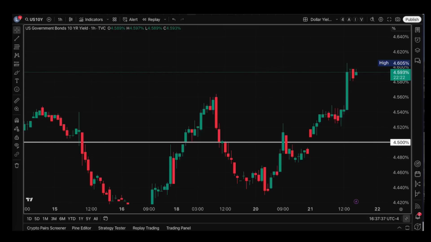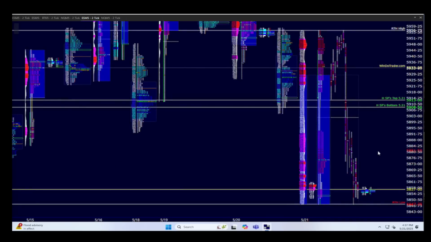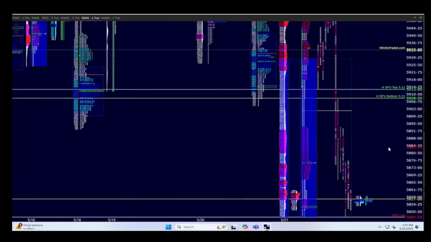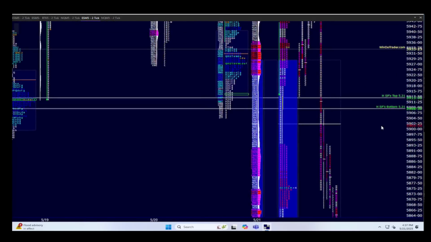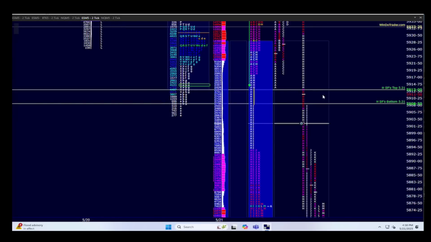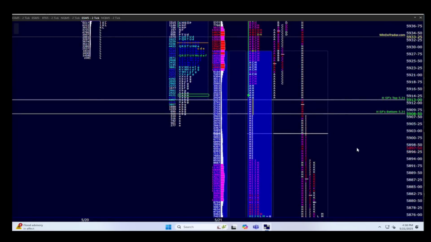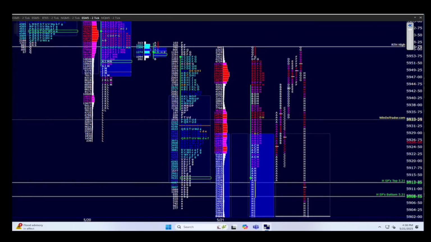So if we take a look at the profile, that was the 10-year, and we looked at the SPX. Now if we take a look at the market profile using Window Trader, we have these single prints in H period from after the bond auction was out, and you saw this major selling. We had a good bit of auction going on above the open.